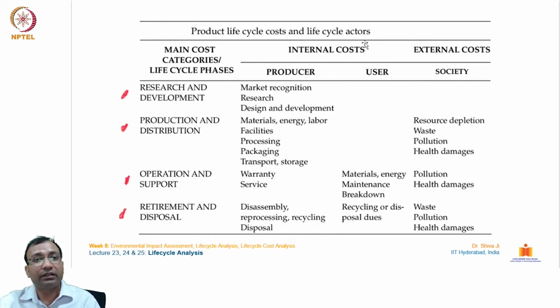What are the different actors, the different stakeholders, for calculating the LCA of a product? At different life cycle stages like research and development, the producer, user and society play different roles, for market recognition, for research, design and development, for the distribution and production phase, like the stakeholders related to material supply, energy production, labor, facilities, processing, packaging, transport, storage.